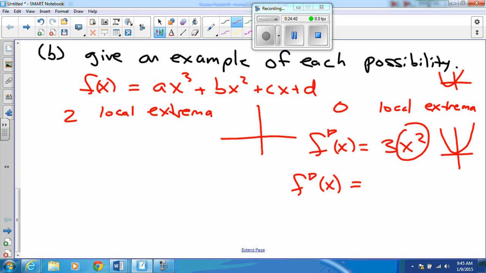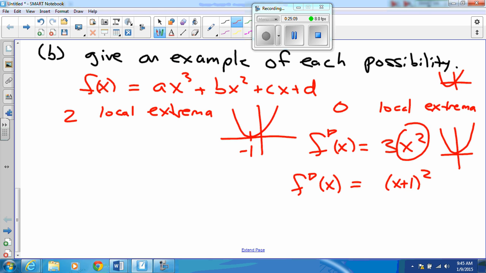What would the Kx squared. What would the equation for this parabola be that has a minimum of 0 at x equals negative 1? X plus 1 squared. X plus 1 squared, that's right. So we could do x plus 1 squared. This guy also has a minimum value of 0. And if this is my f prime, then I am guaranteed 0 local extrema for f.